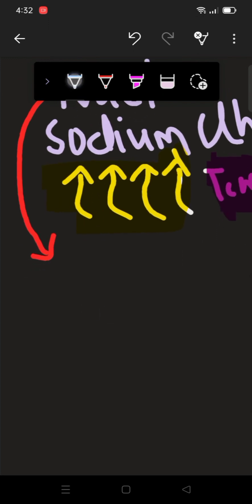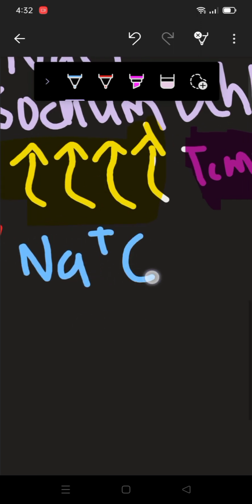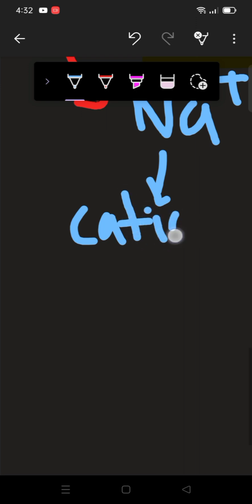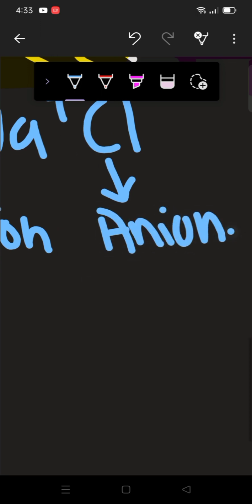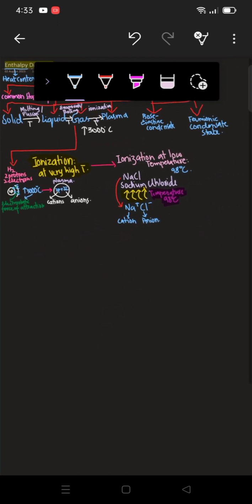Na has got a positive charge while Cl has got a negative charge, which means sodium is a cation here, and chloride is an anion. So these are basically cation and anion formation as well.